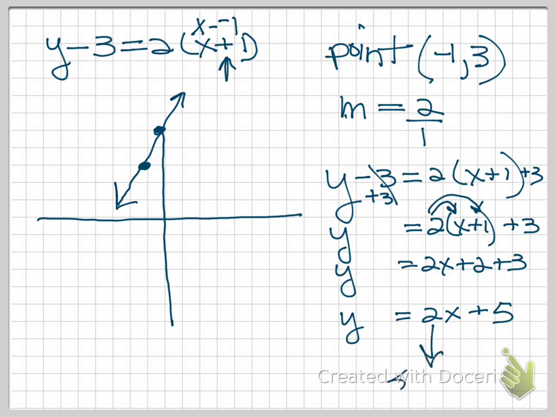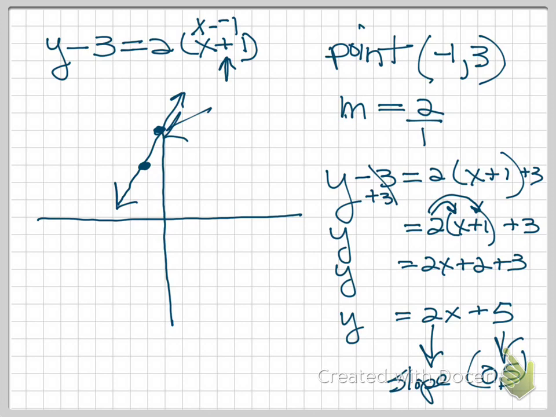I still know my slope, but now I know that my y-intercept is at the point (0, 5), which happens to be this point right here. So we've gone from point slope form, used that form to graph our line, and then went back to the form and changed it using algebra to slope intercept form.